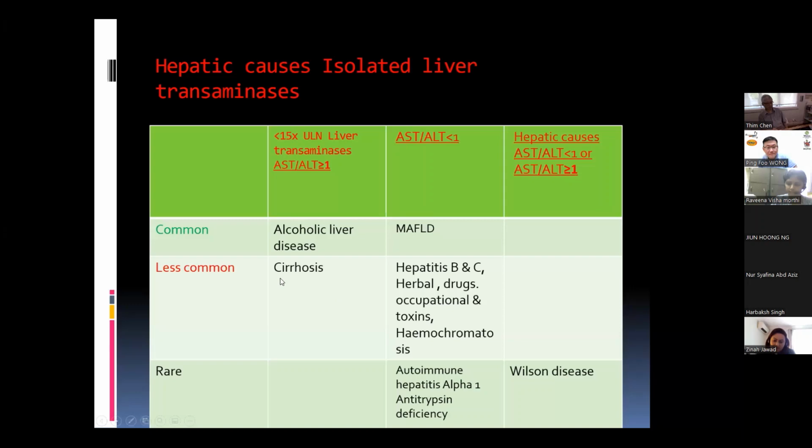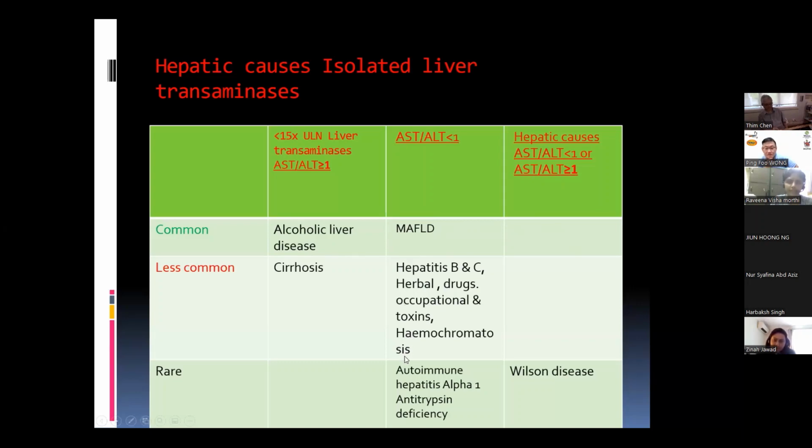So the most common causes are either MAFLD, or the old name NAFLD, and alcoholic liver disease. Less common, easy to remember, are the 3 H's: hepatitis, herbal and drugs, and occupational. And in Australia, of course, hemochromatosis, but in Malaysia it might be different.